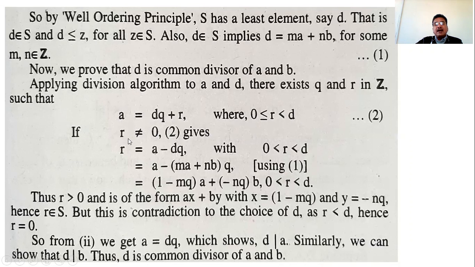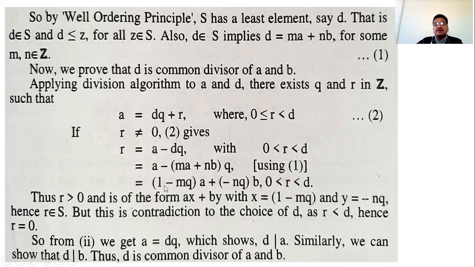Suppose R is not equal to 0. Then R is equal to A minus dQ, with R strictly less than D and greater than or equal to 0. And what is D? D is ma plus nb from this equation.